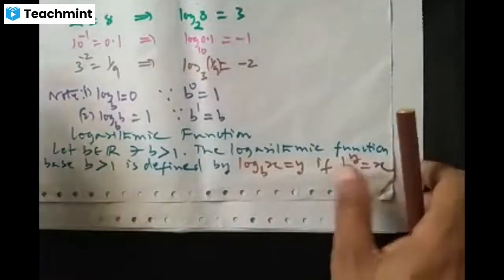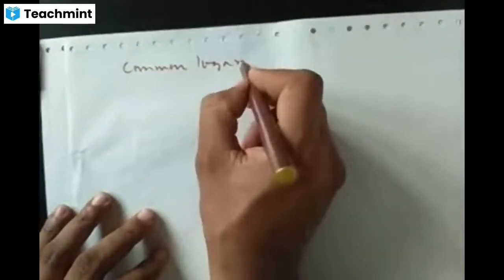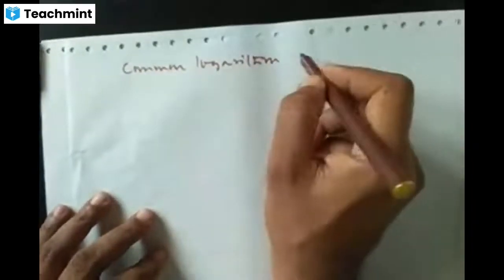Okay, so next, similarly here also, the logarithmic function with base 10 is called the common logarithmic function.